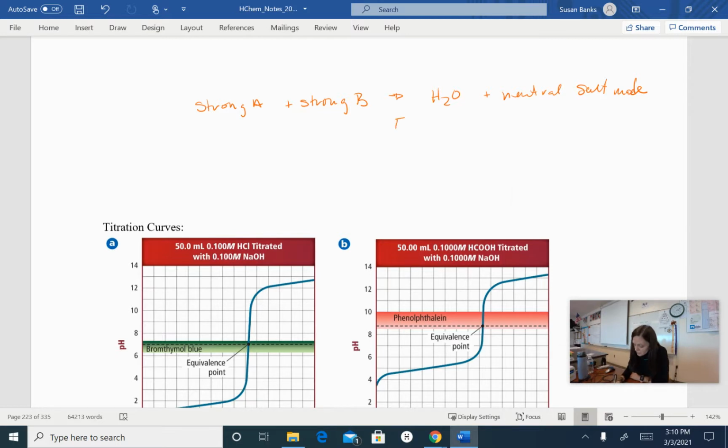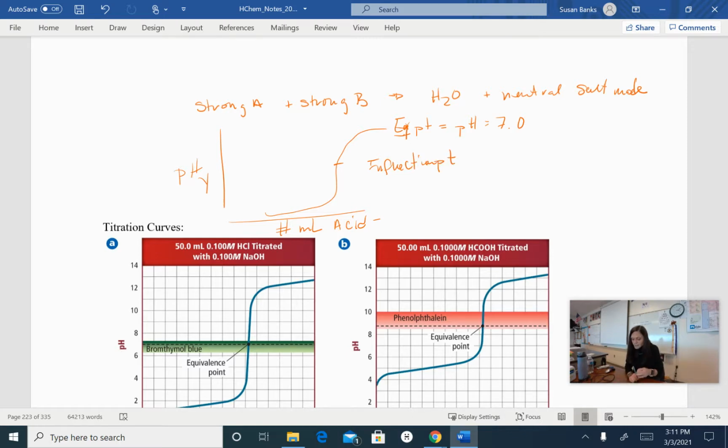So my equivalence point is where the pH is 7. Okay? The equivalence point is where we get this pH curve. So we will get the pH along the y-axis. We will get the number of mLs of acid added along the bottom. That equivalence point is what we call an inflection point.